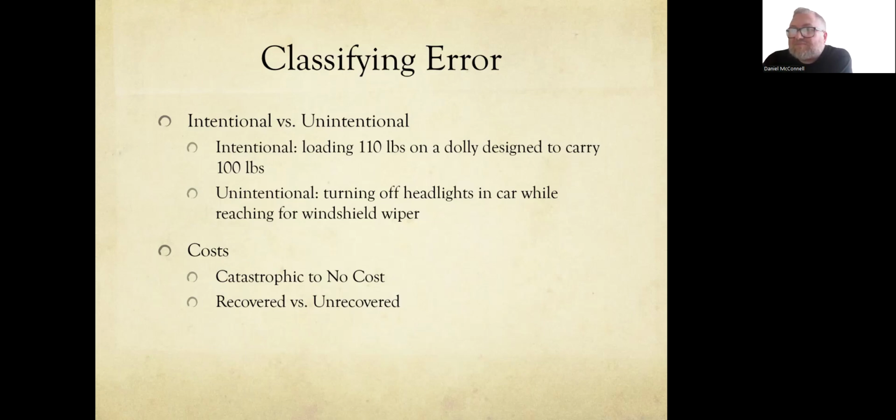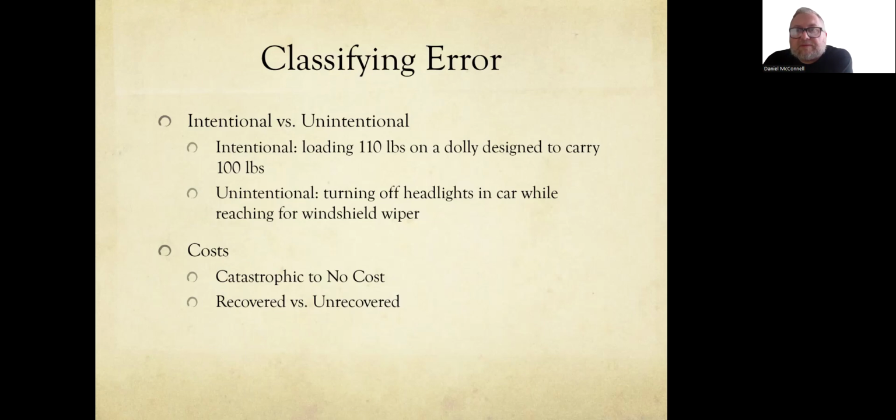And that's maybe something else to think about, which is perhaps sometimes people will become complacent because they have performed these intentional errors repeatedly, and nothing has so far happened, which leads them to believe that perhaps it's perfectly safe to do something such as overload this cart. And one day it may turn out to not be safe, right?